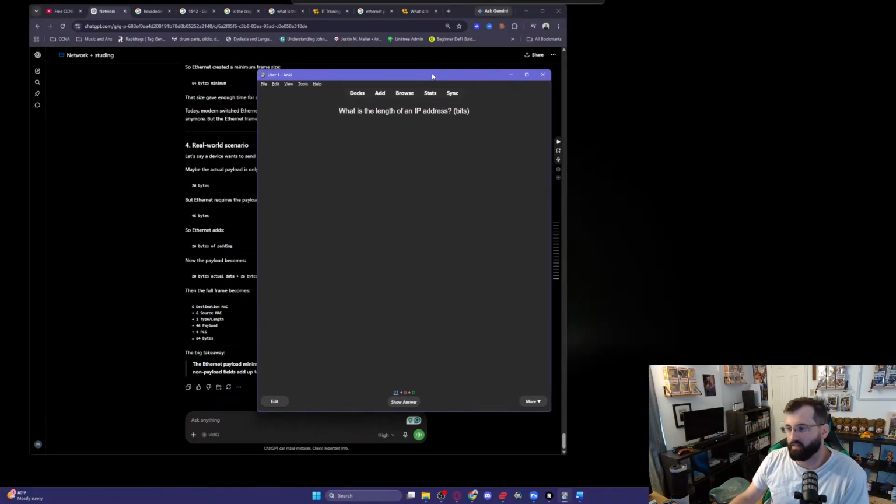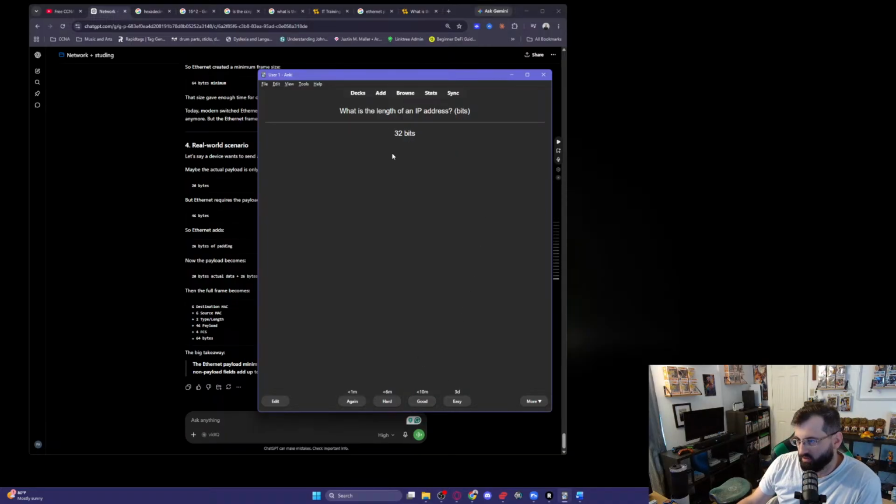What is the length of an IP address in bits? There's 4 octets, so 4 times 8, right? So 4 times 8 should be 28. 32.